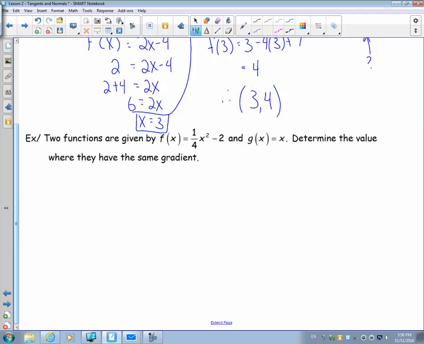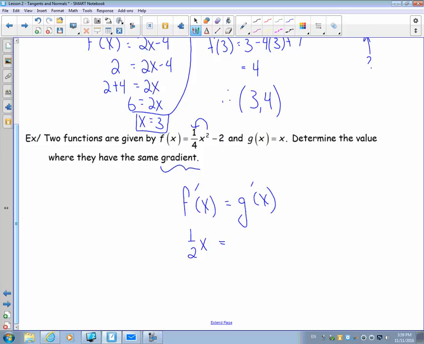Two functions are given by these two equations. Let's figure out where they have the same gradient. In other words, where they have the same derivative. So at some point, their derivatives have to be equal. If we take the derivative of the first one, 2 times 1/4 makes 1/2. And the 2 part will disappear.